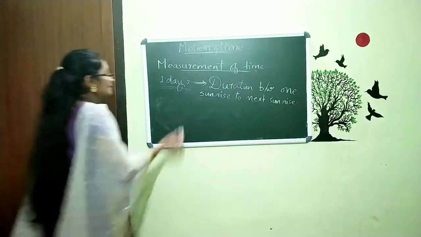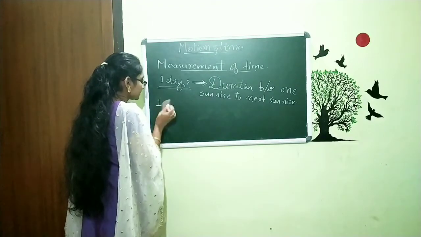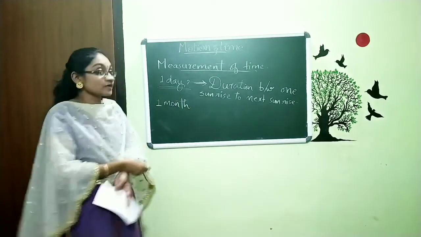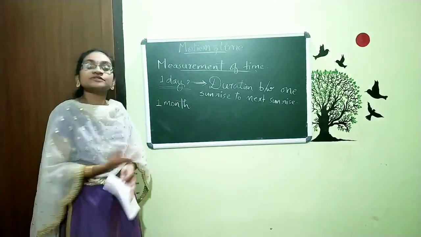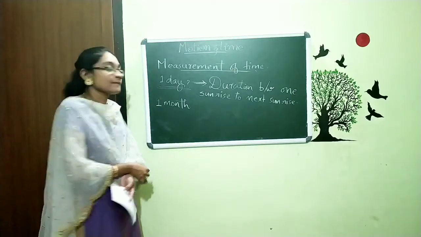Now the question is this, then how can we define 1 month? We are talking about the period in which there is no calendar. So now the question is, what is 1 month?